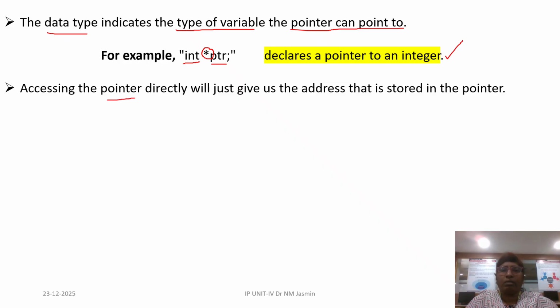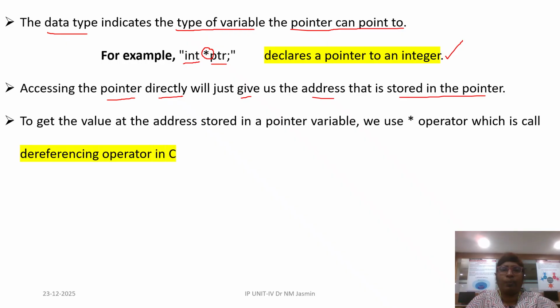Accessing the pointer directly will just give us the address that is stored in the pointer rather than the value.